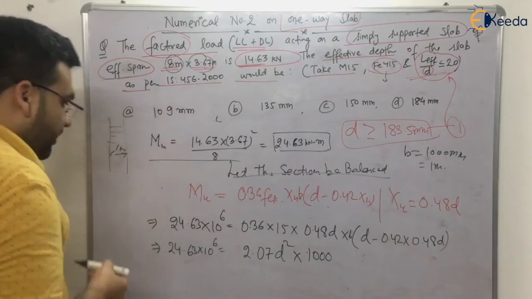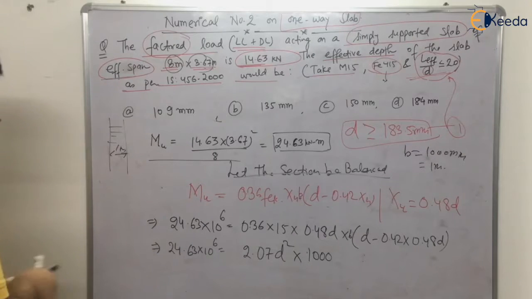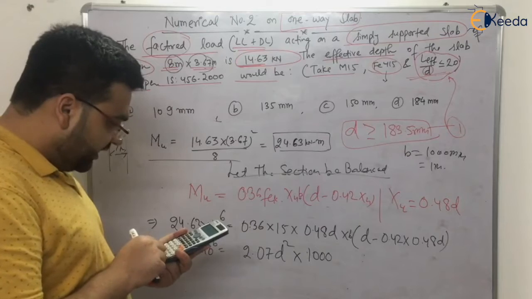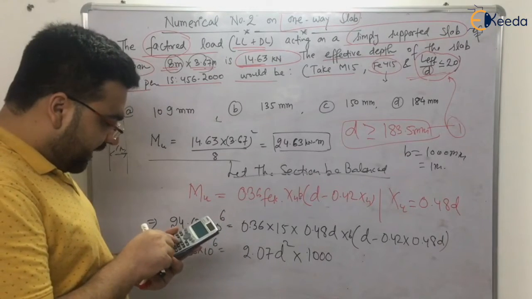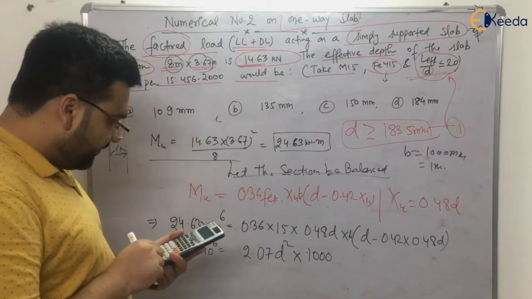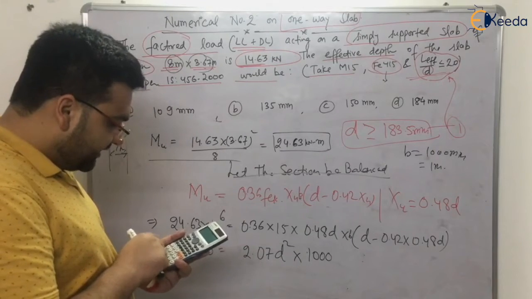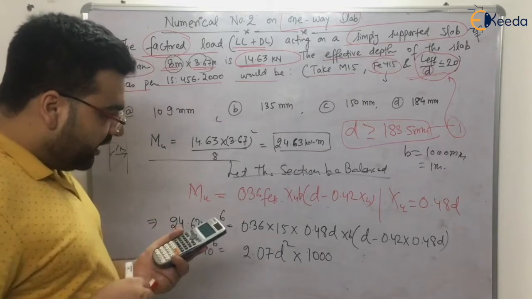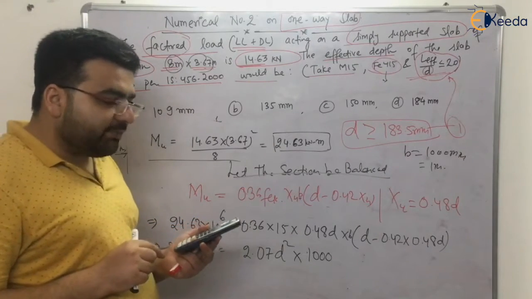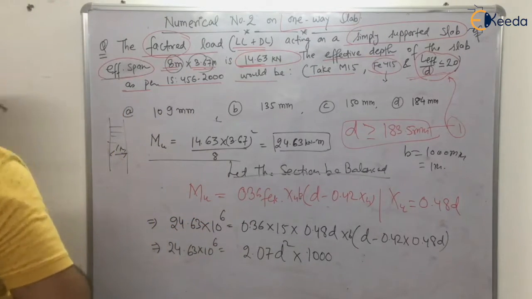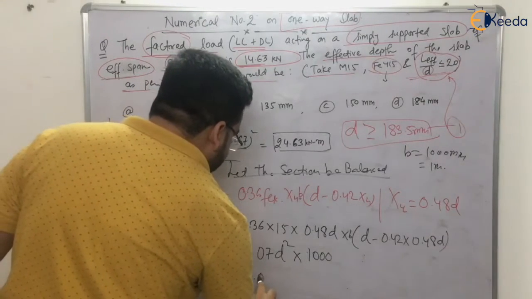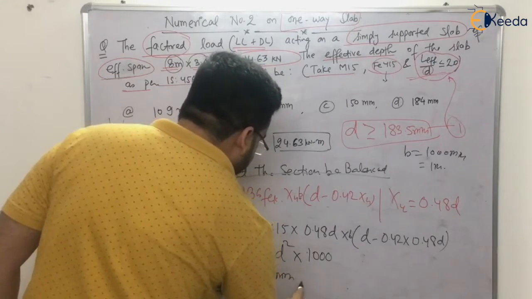Clear? So if I solve it, D will come out to be 24.63 into 10 raised to the power 6 divided by 2.07 divided by 1000. Let me take the square root. D comes out to be 109.08 mm.